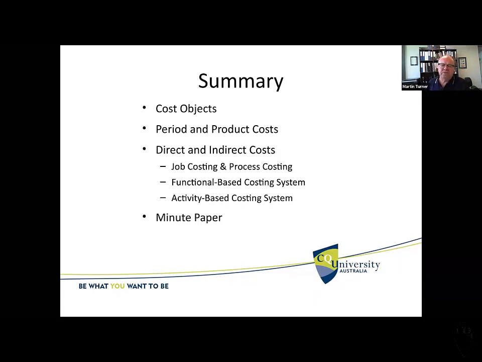Direct and indirect costs were the other key concepts. The distinction between direct and indirect. Direct costs are clearly linked to, we're looking at products. It could be any cost object, but we'll talk products. Direct costs are clearly linked to a product. There are no judgments. It's obvious. Homer Simpson, whether you like him or not, would know that was a direct cost of a product.